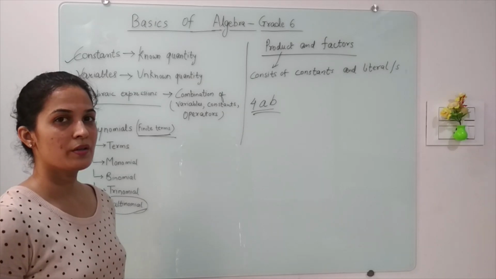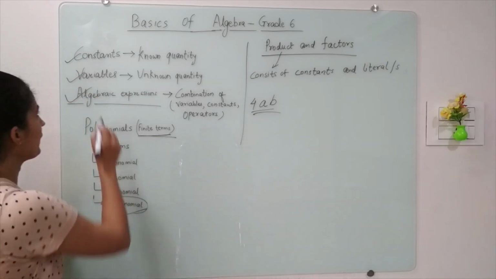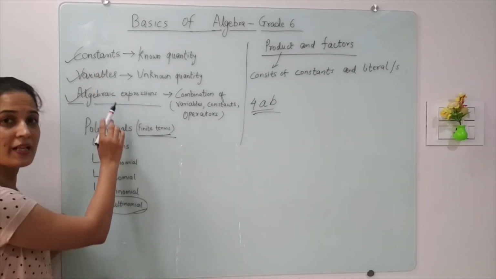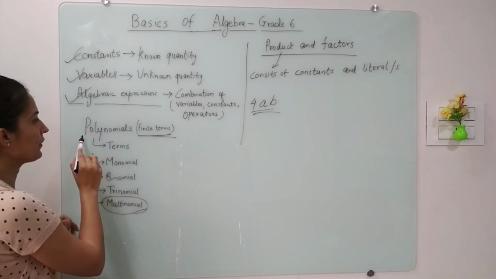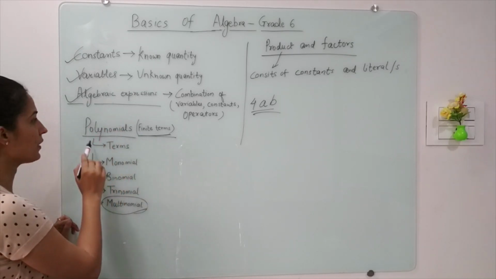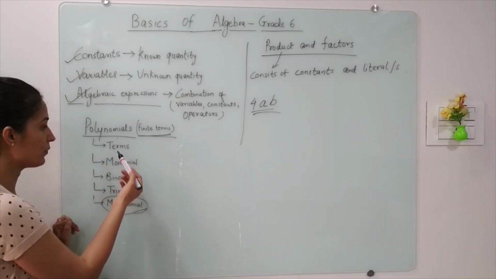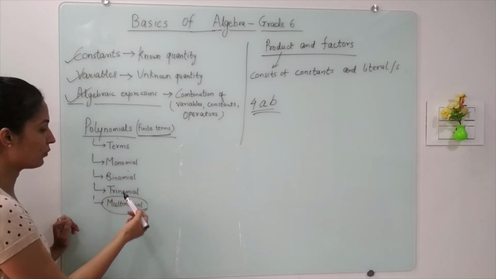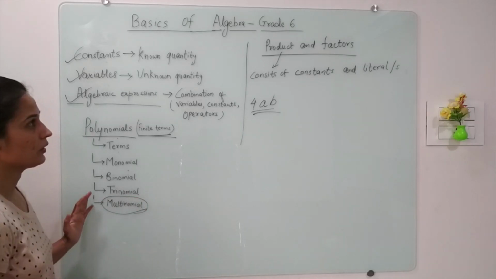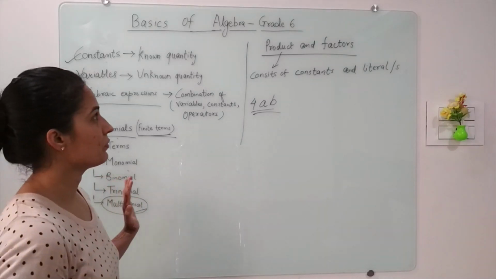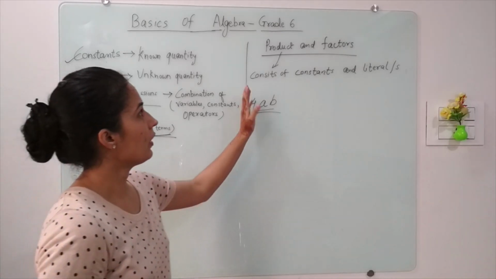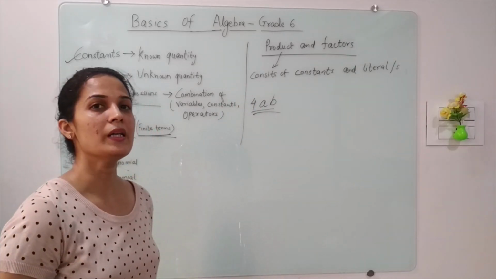So far, we have covered constants, variables, algebraic expressions, and we have tried to understand terms and polynomials. Within that, what are terms, what are monomials, binomials, trinomials, and so on. Now we are going to see how products and factors work in algebra.